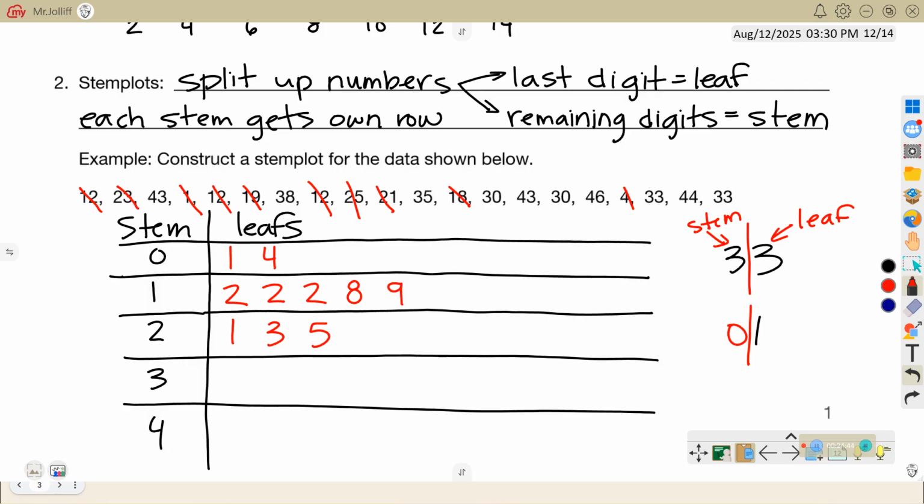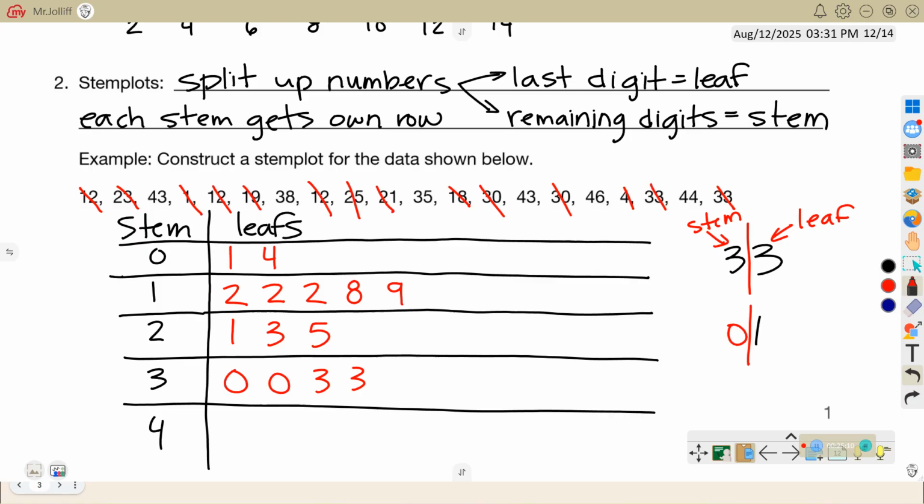Okay. On to my 30s. My 3 stem. Smallest 30s. 30. Two of them, right? 30, 30. 0, 0. Perfect. Is there just the one? No, there's two. Two 33s. 1, 2, 3, 3.